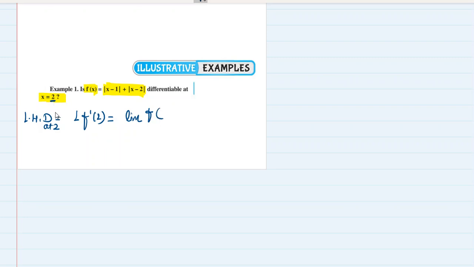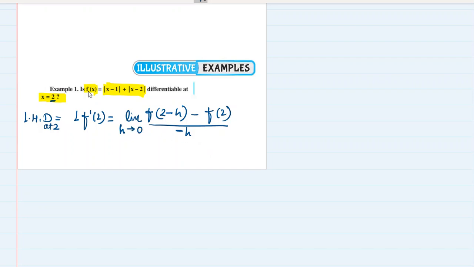We have to find the differentiability at 2, so c is 2. So f of 2 minus h, minus f of 2, upon minus h, since this is a left hand differentiability. When h approaches 0, we have to find the limit of this function.